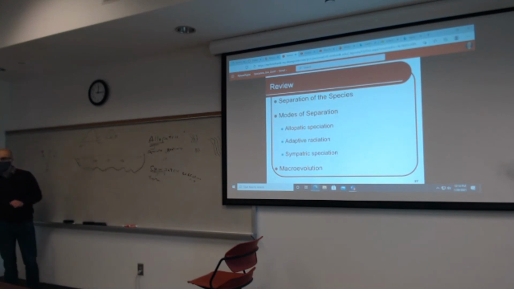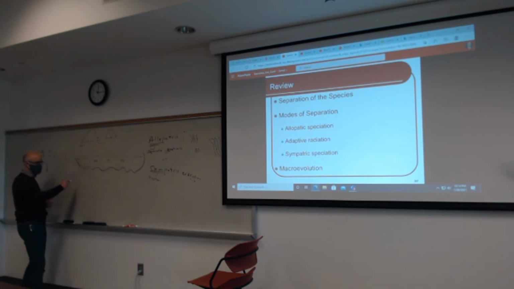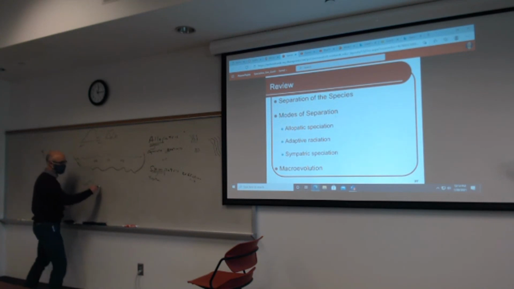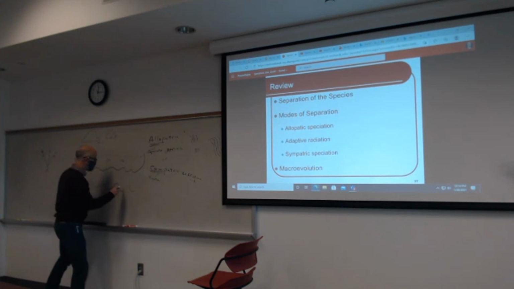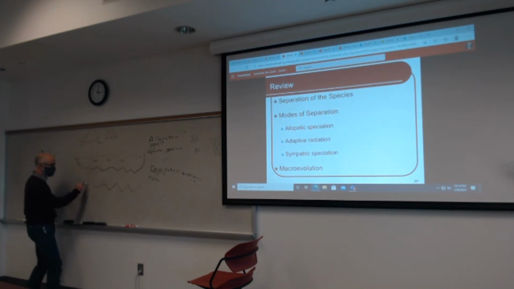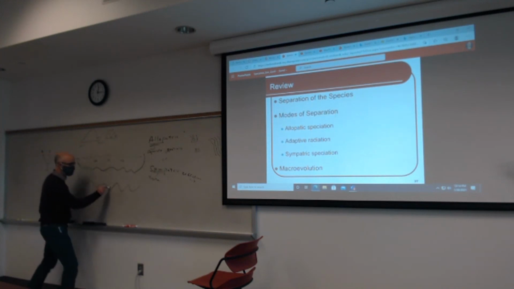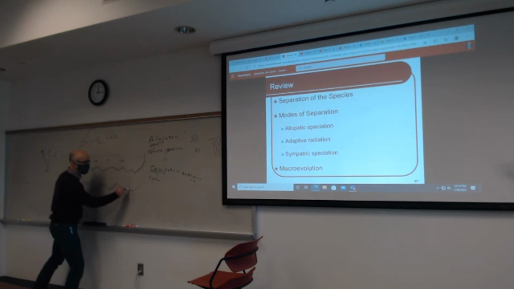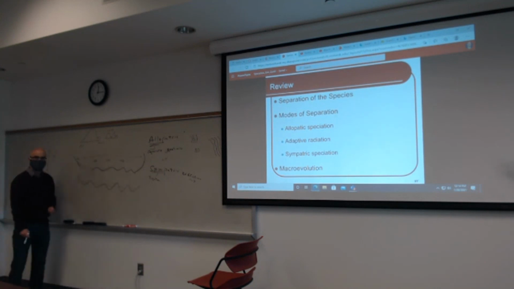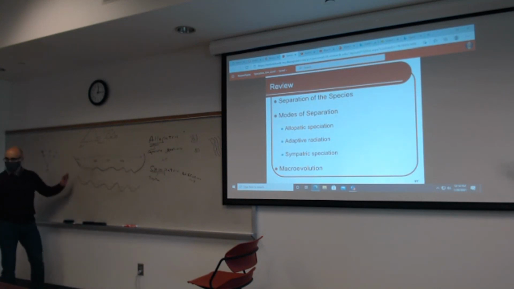Are they sympatric or allopatric? Sympatric. Now what happens with climate change, right? Now suddenly, where we had high water level, the water level drops. And guess what? What have we created? A whole bunch of allopatric populations. And what happens? They diverge.